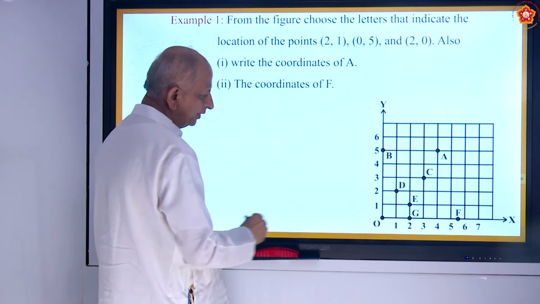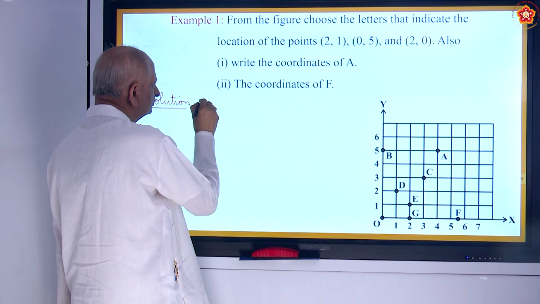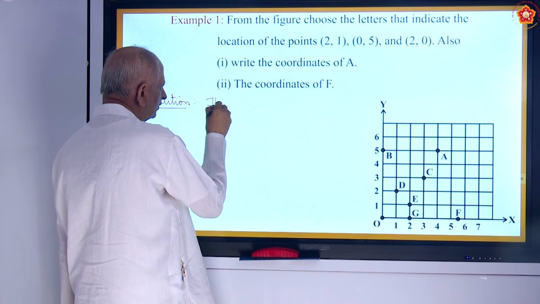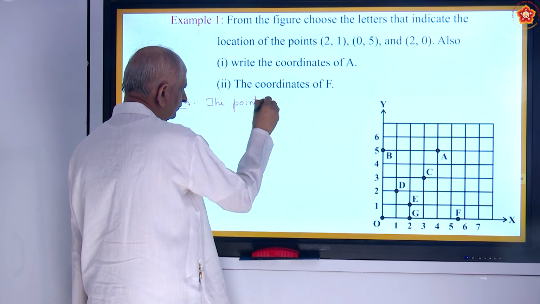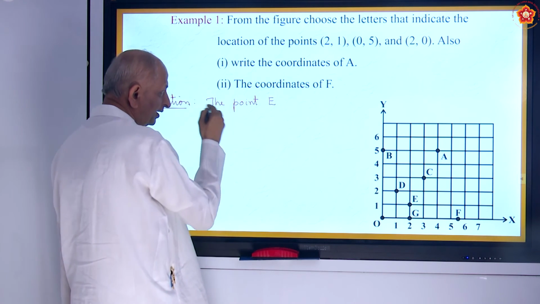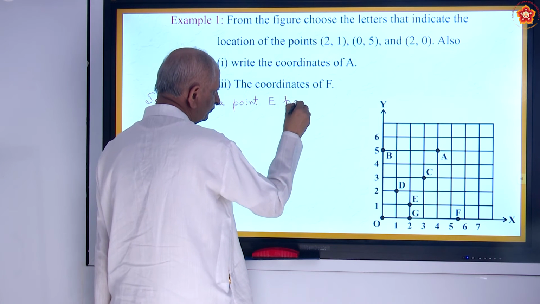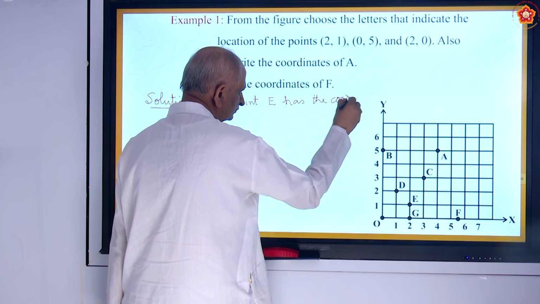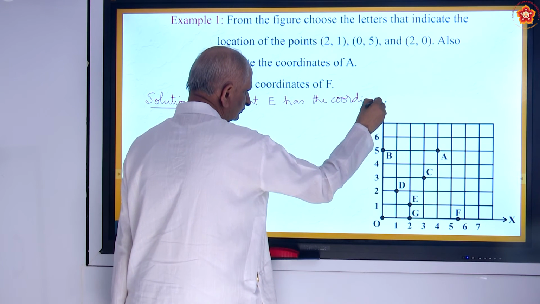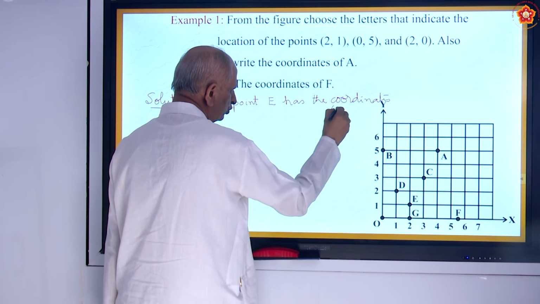Come on, what did 2, 1 stand for? The point T has the coordinates 2, 1.